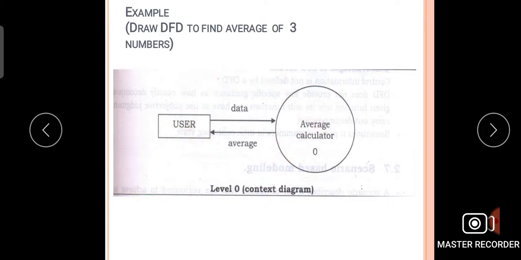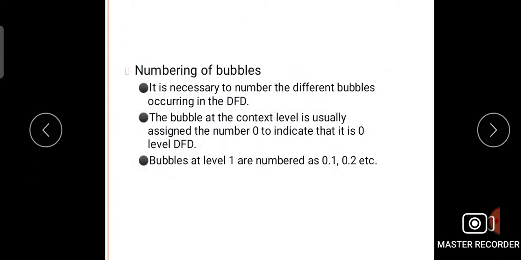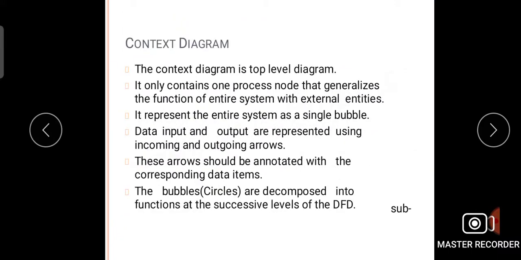Once again, the description of the context diagram. A context diagram is a top level diagram and it only contains one process. In a level 0 DFD diagram, keep in mind, it only contains one process node that generalizes the function of the entire system with external entities.